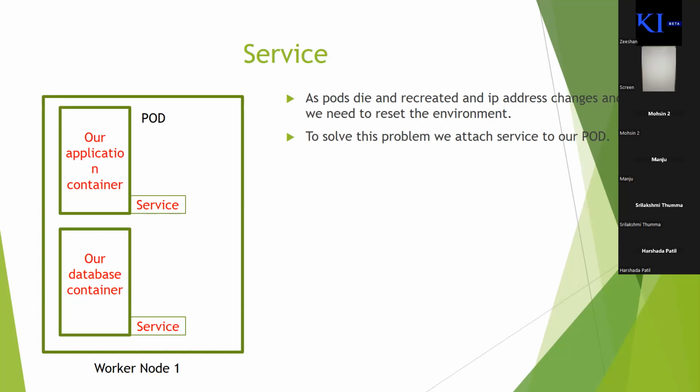The service is like a load balancer. Whenever a pod is destroyed and created, it is linked to the service, and the service takes care of our communication, not the IP address. So if the IP address is changing, it doesn't matter because the service knows where the pod is created and what the IP address of the pod is. So the pods communicate not through IP addresses but through service names.